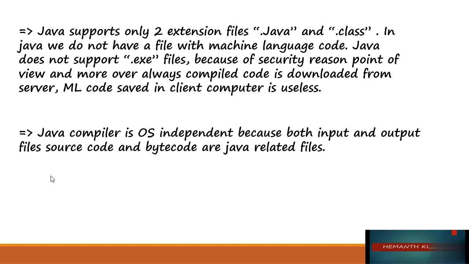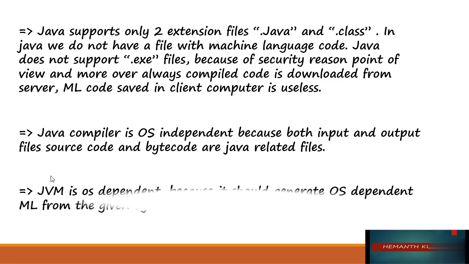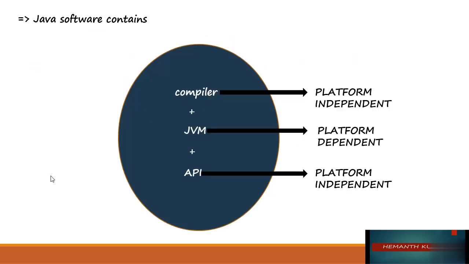Java compiler is OS independent because both input and output files, source code and bytecode, are Java related files. JVM is OS dependent because it should generate OS dependent machine language from the given bytecode. Java software contains compiler, JVM and API. Compiler is platform independent because it will generate a bytecode which is understandable to every OS.